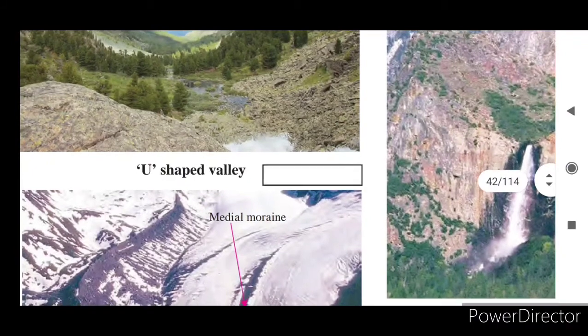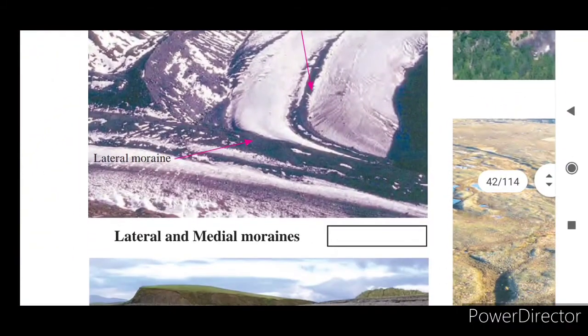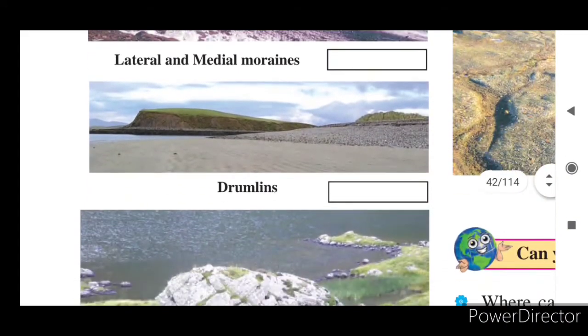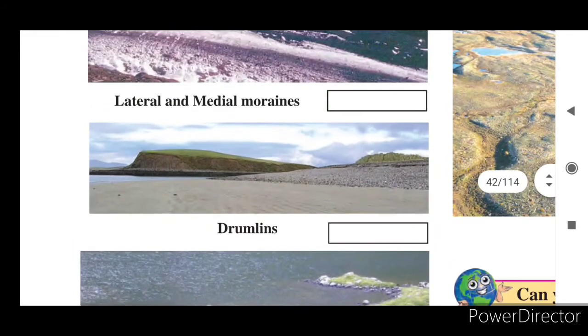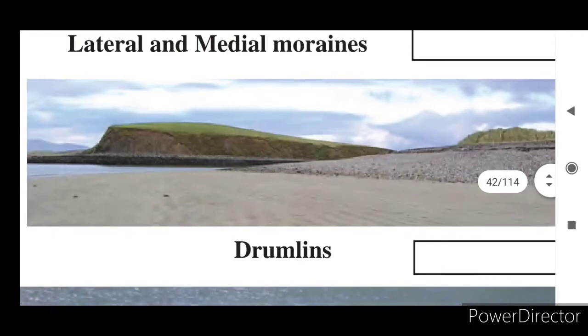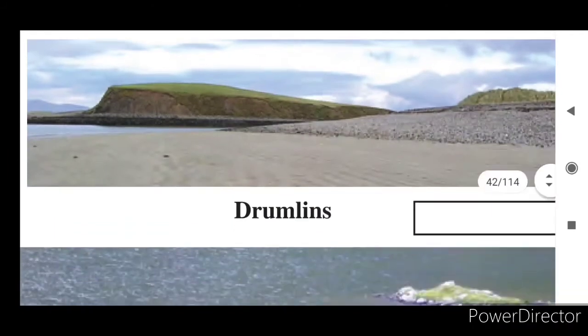Next, lateral and medial moraine, that is because of depositional and transportational work. Next, drumlins, you can see this type of landform is formed, also because of depositional and transportational work.